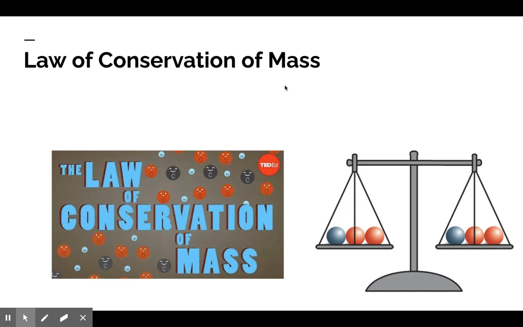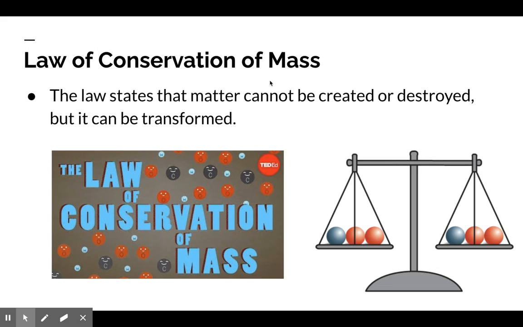Okay, so one of the concepts that was covered in the CK12 reading is the law of conservation of mass, which basically states that matter cannot be created or destroyed. It can only be transformed into a different type of matter. So this is going to come up as we start talking about chemical equations.